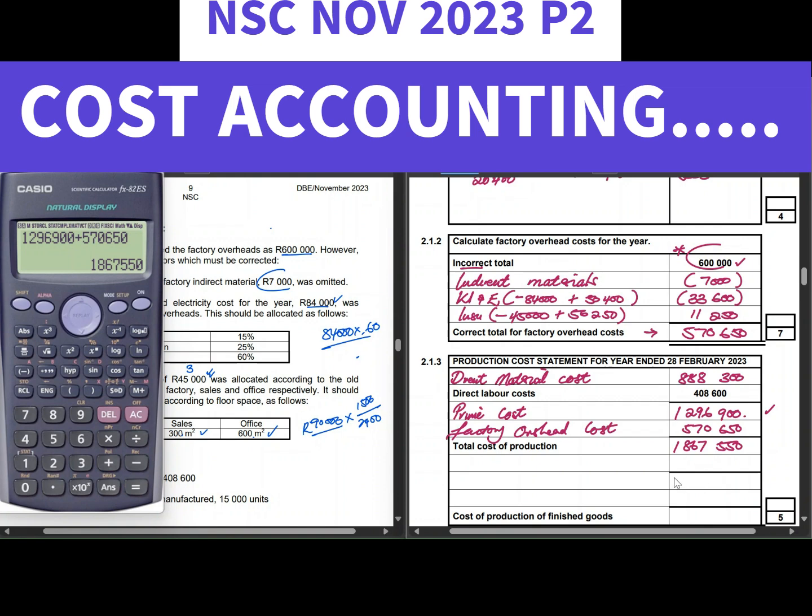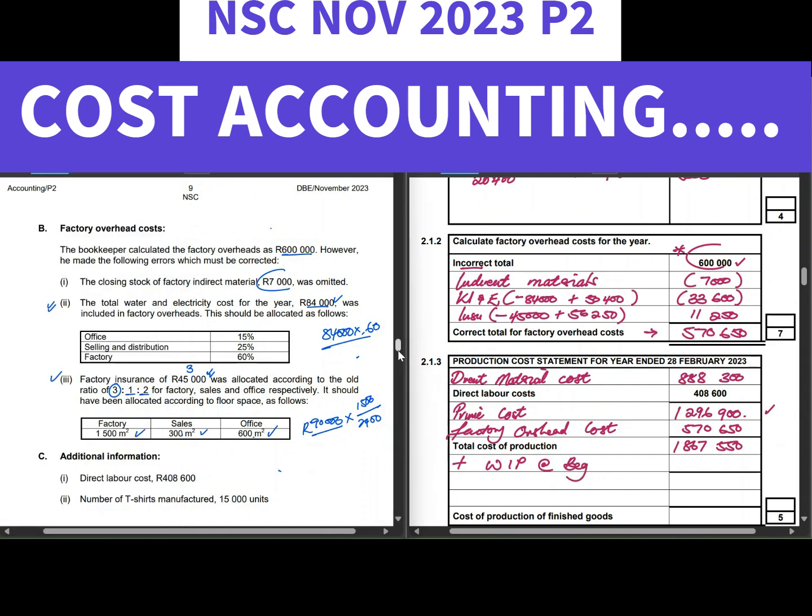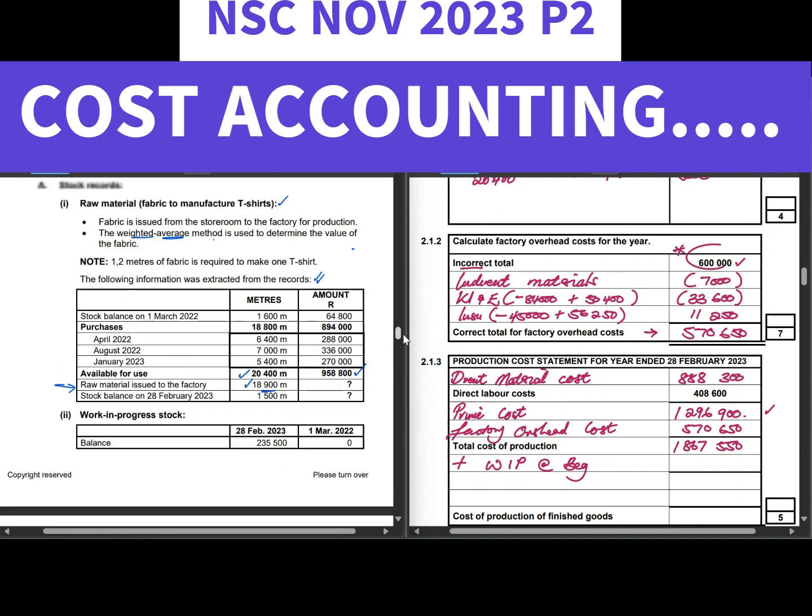And then I know that once I have my total cost of production, I must come here and add my work in process at the beginning. So I need my information at the beginning. It was 0. So that maintains my 1,867,550.